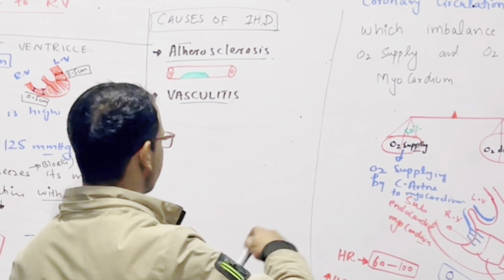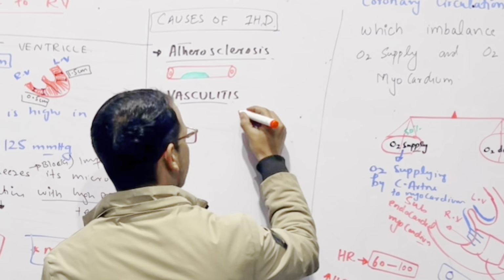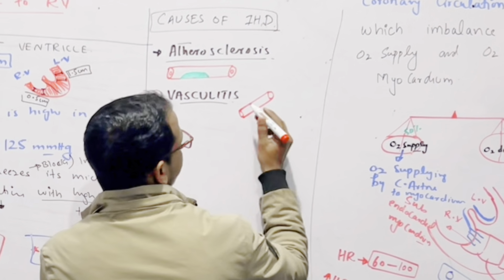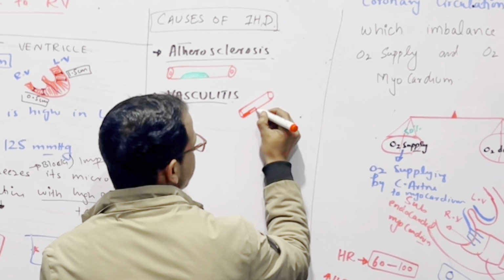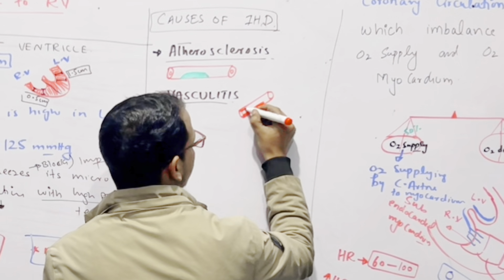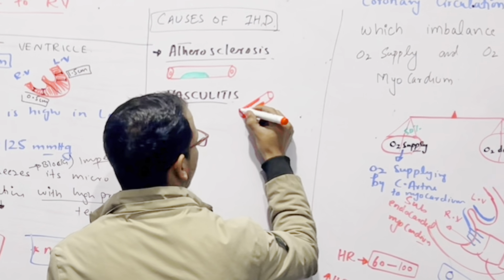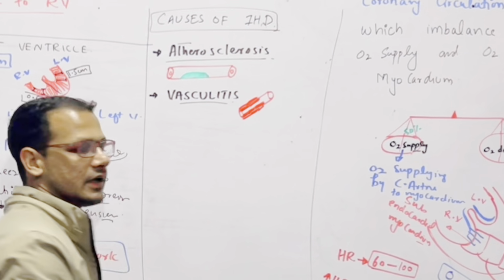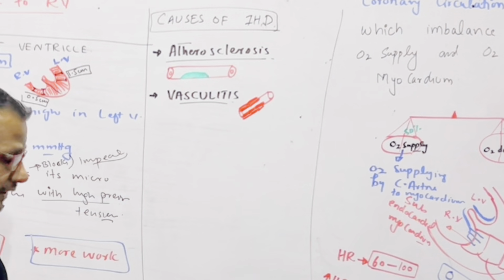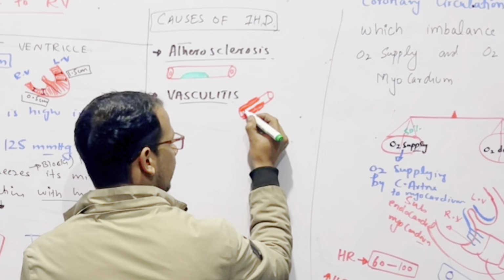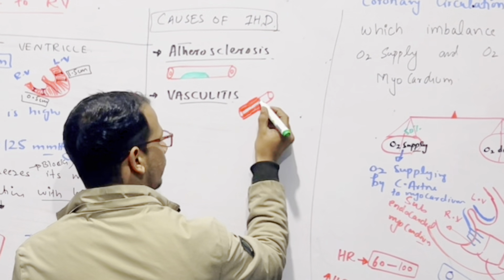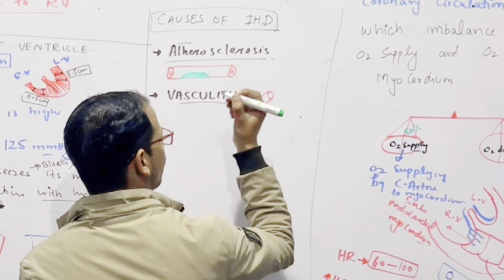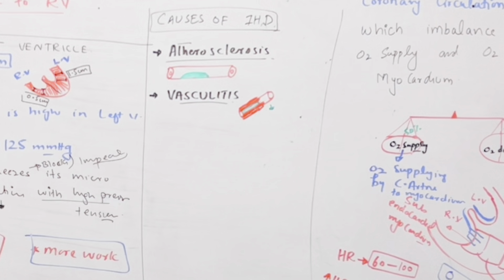For example, this is the coronary circulation and there is some hypertrophic state, so that its size increases. When it increases, the luminal blood flow in the coronary circulation decreases, and due to this ischemic heart disease occurs.